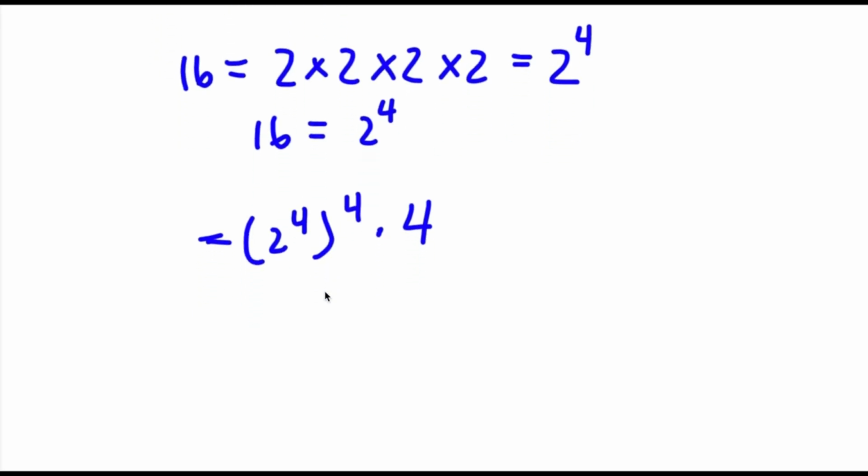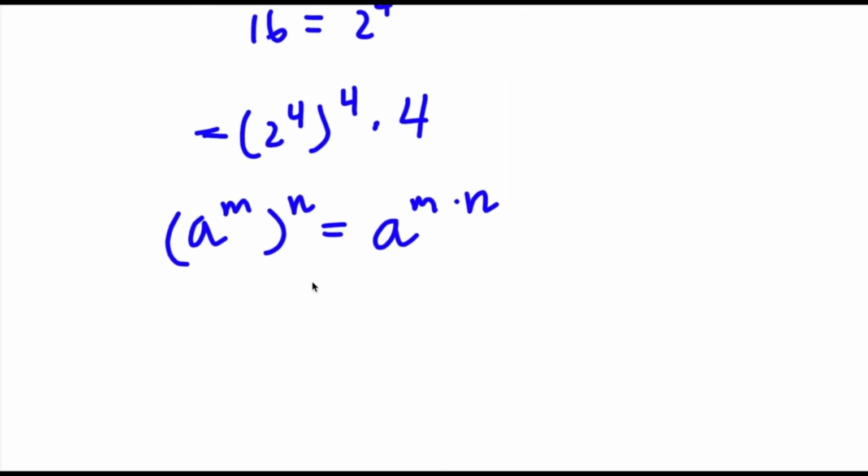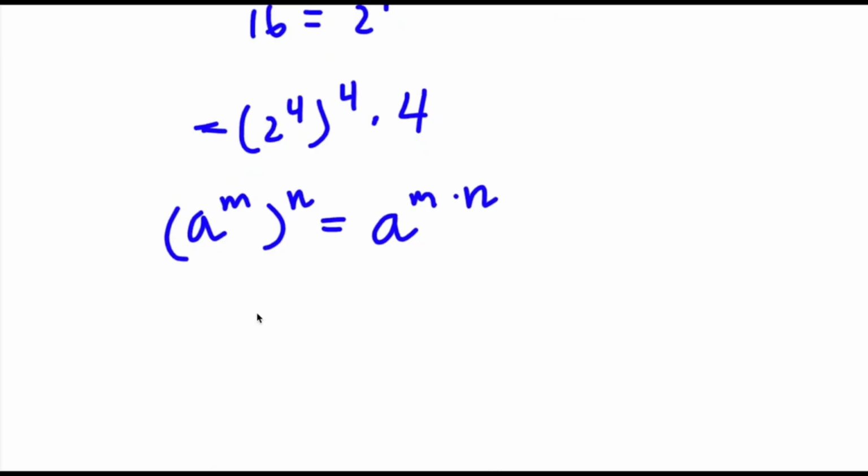Now, if I have something in the form a to the power of m to the power of n, this is equal to a to the power of m times n. So 2 to the power 4 to the power 4 here, we can think of a as 2, m as 4, and n as 4 as well.